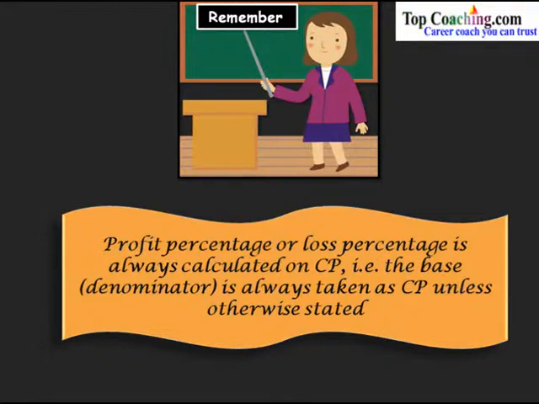So we take the denominator always as the CP. First of all, to calculate the profit percentage or the loss percentage, we calculate the loss or the profit that has occurred. We divide it by CP and we then multiply by 100 to get the profit percentage or the loss percentage. Always take the base or the denominator as CP.